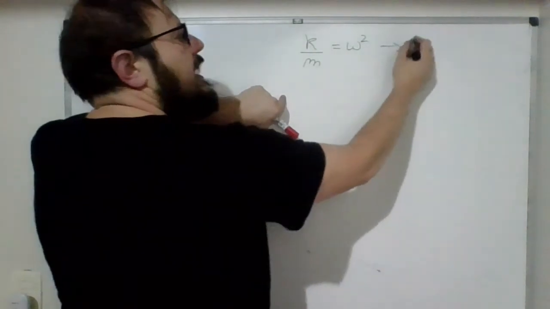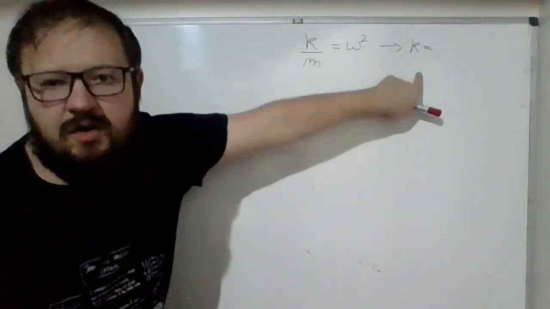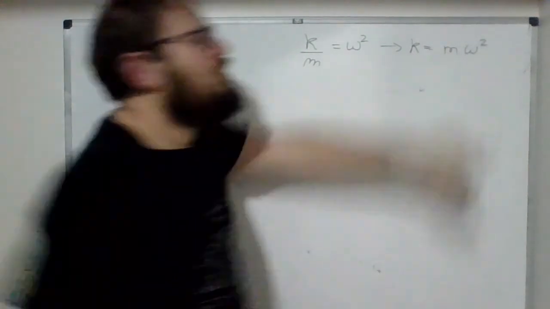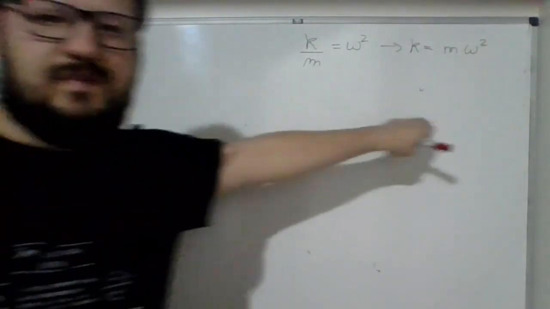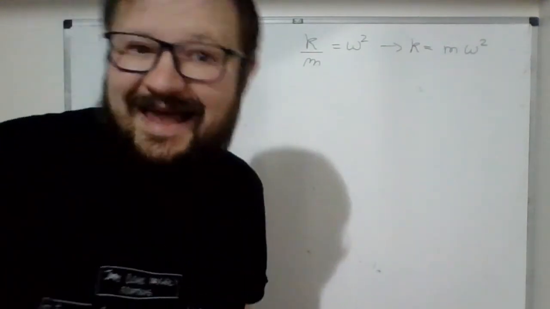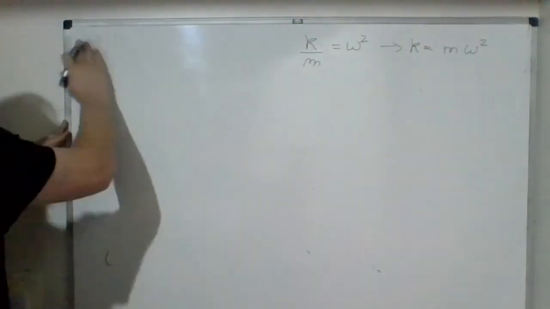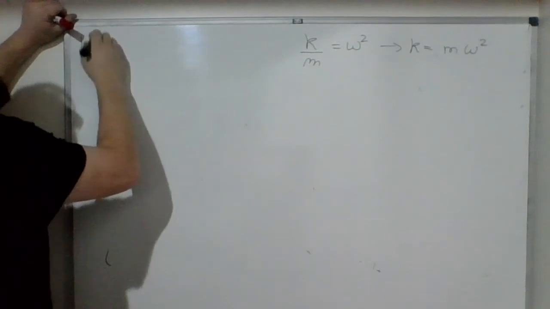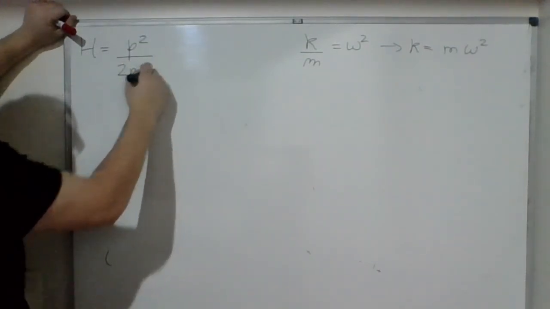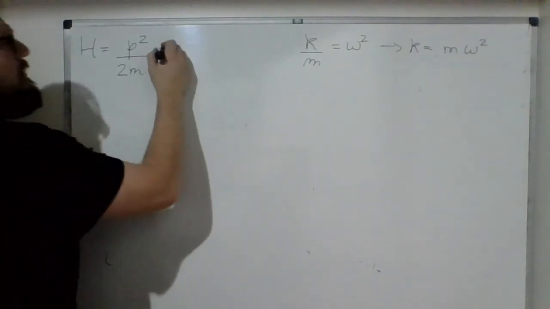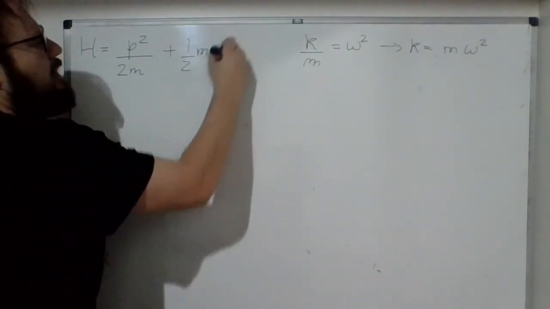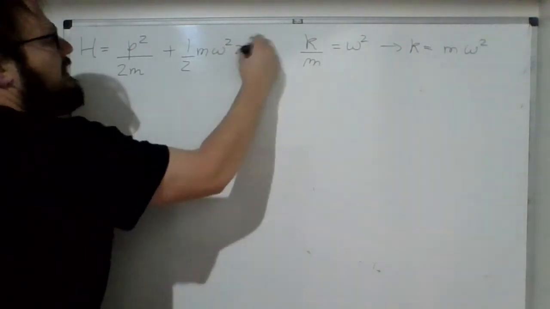Then you can rewrite the spring constant as the mass of the particle times omega squared. And this comes from the original classical Hamiltonian, all right? So we will rewrite the Hamiltonian the following way. Momentum squared divided by twice the mass of the particle plus 1/2 m omega squared x squared.